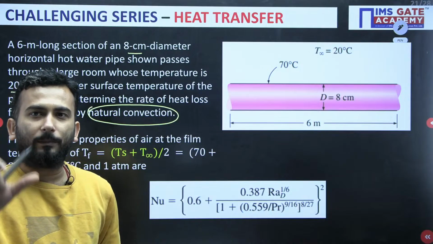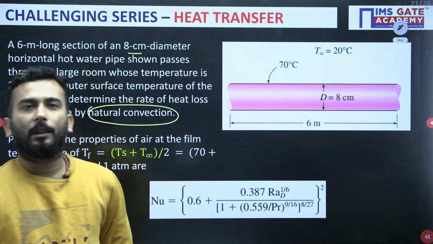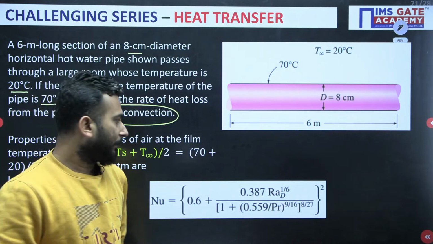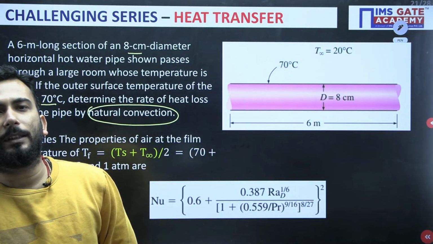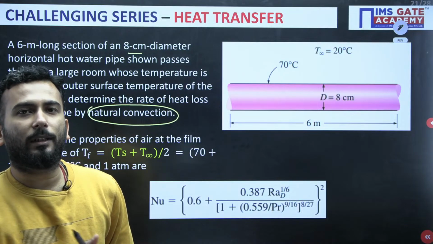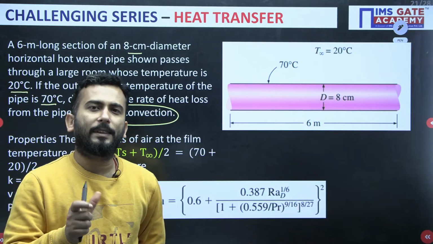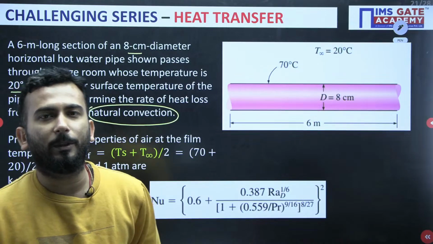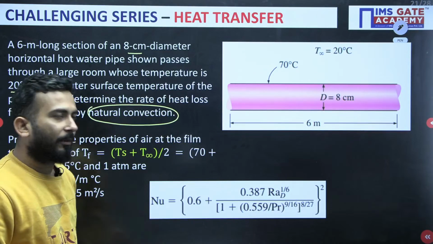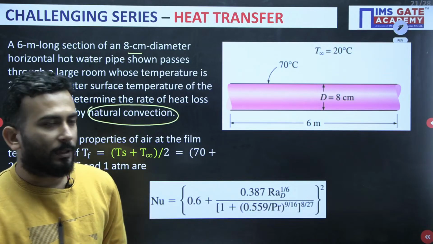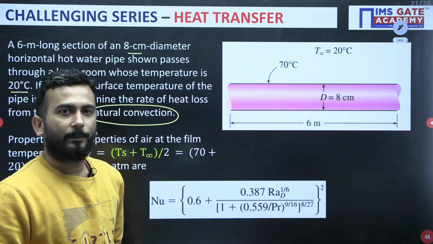You have some already memorized data which is applicable only for a specific set of values, 2-3 relationships you have memorized, but here he has specifically given the relation between Nusselt number and Rayleigh number, right?